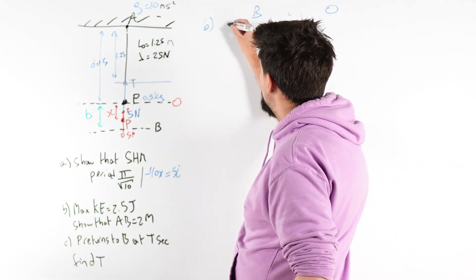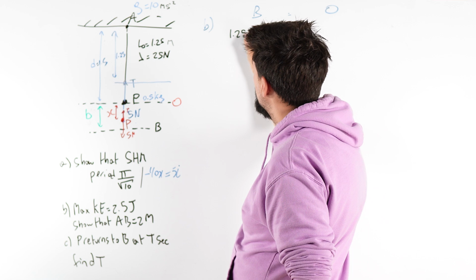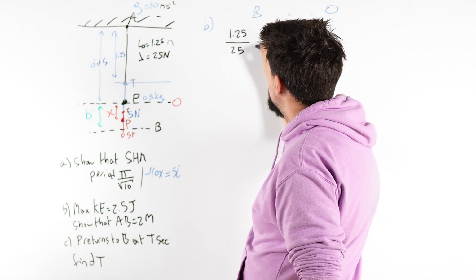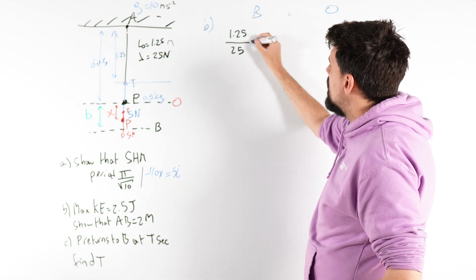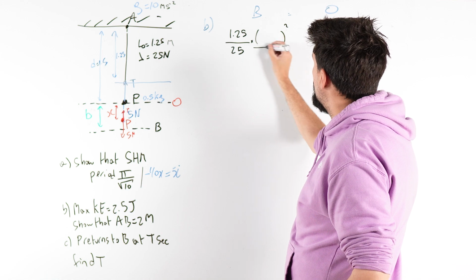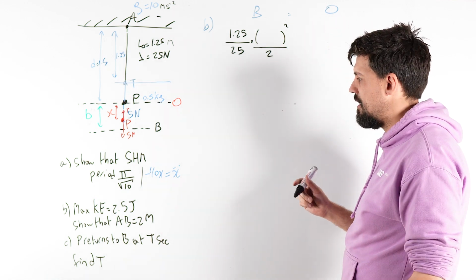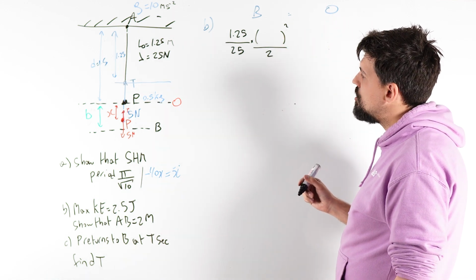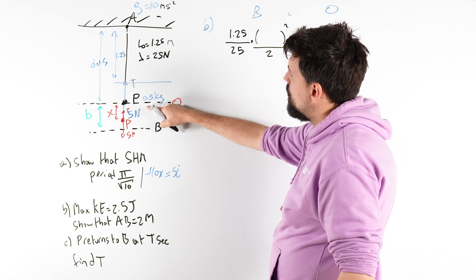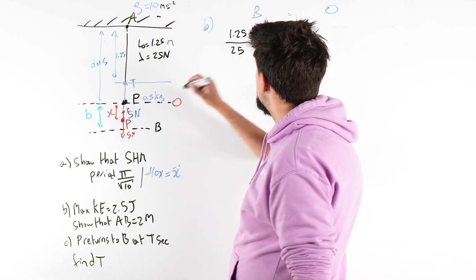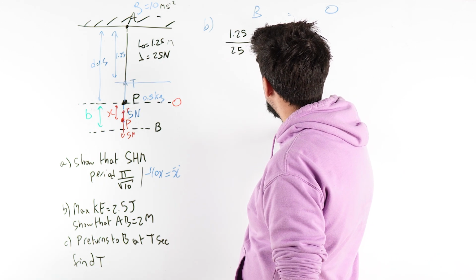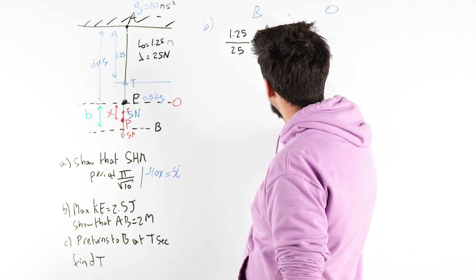So, it's lambda over L0 times my extension squared over 2. This is all I have. I just have kinetic energy. Now, what's my extension? Well, at this point, my extension was already 0.25, so it's 0.25 plus b squared.